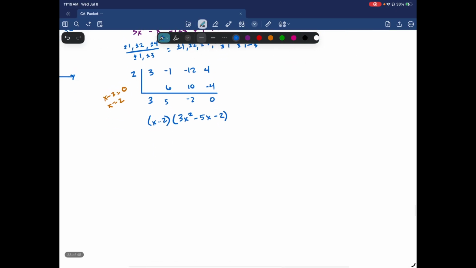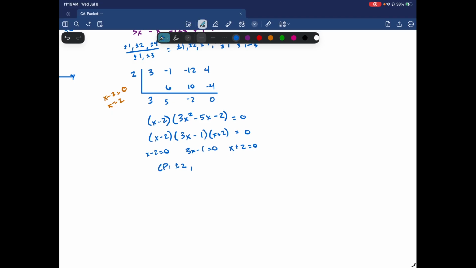And when you factor that, you're going to get x minus 2, 3x plus 1, and x minus 2, with all this set equal to 0. So I set each of these equal to 0, and I get x minus 2 equals 0, 3x minus 1 equals 0, x plus 2 equals 0. And so my critical points are going to be plus or minus 2 and positive 1/3.